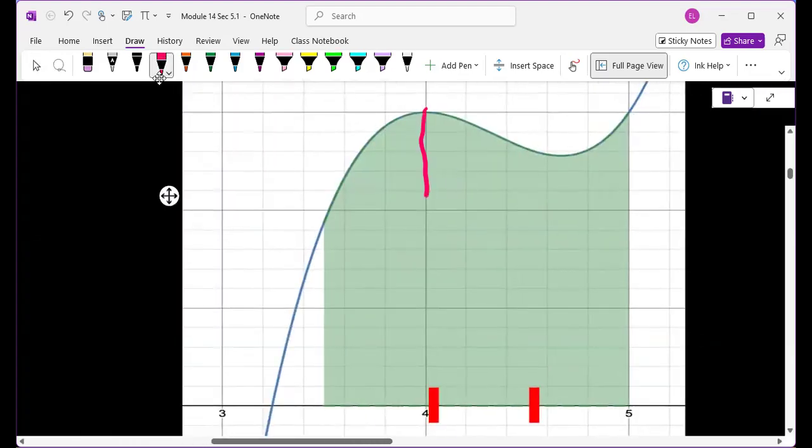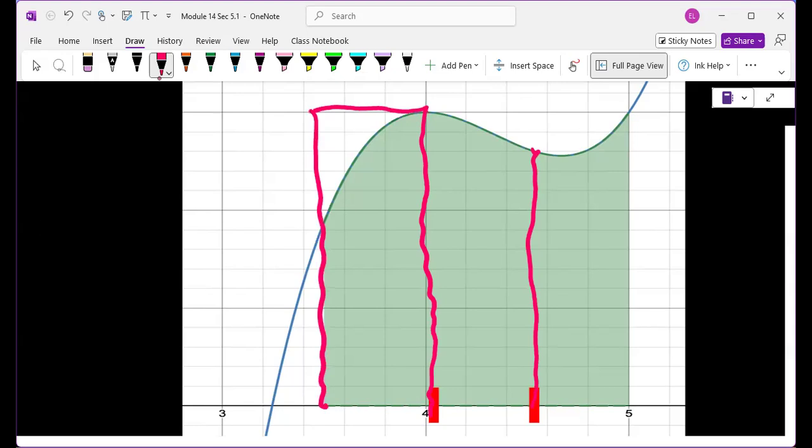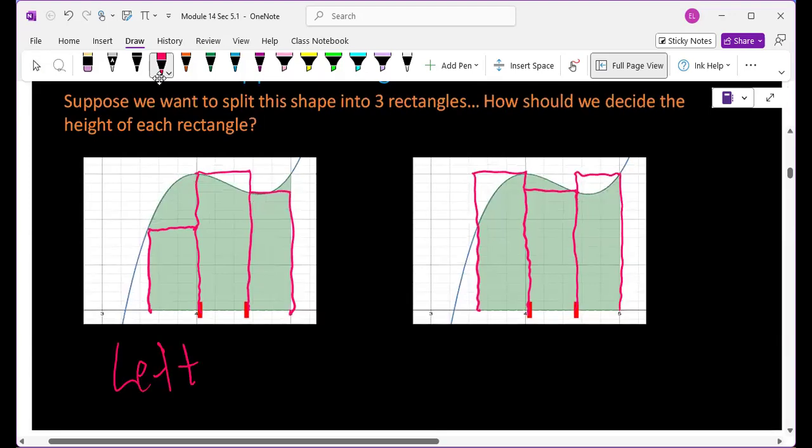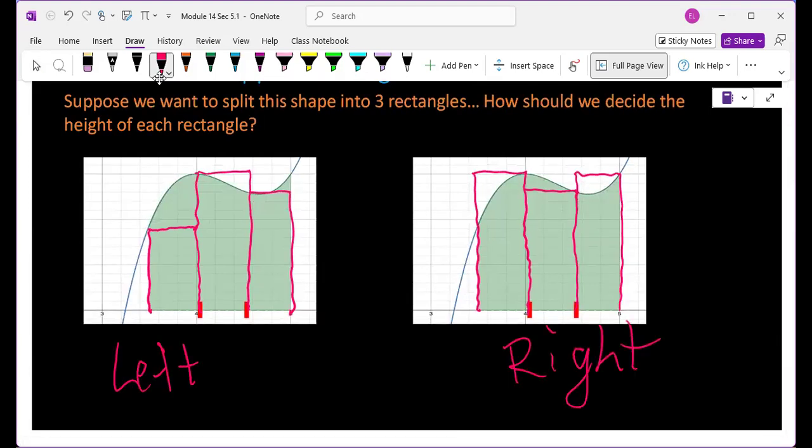Or should it be the right endpoint? And there isn't a good answer to this, especially when we're looking at only 3 rectangles.